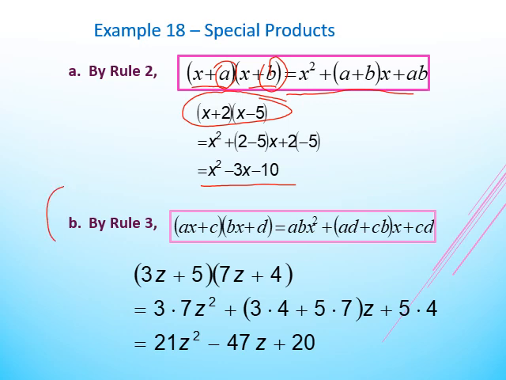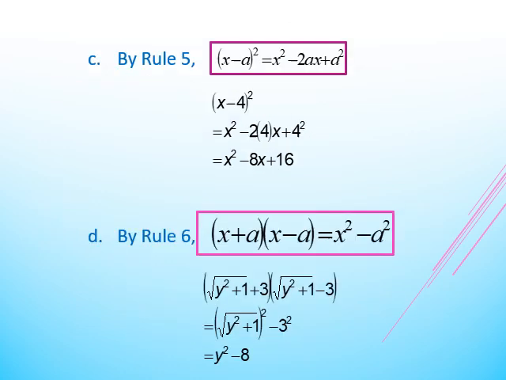Let's move to another one by using rule 3, which is 3z plus 5 times 7z plus 4. By multiplying the two brackets by each other, we get the value 21z squared plus 47z plus 20.